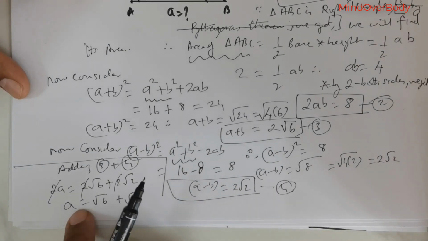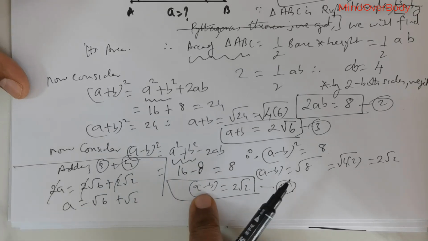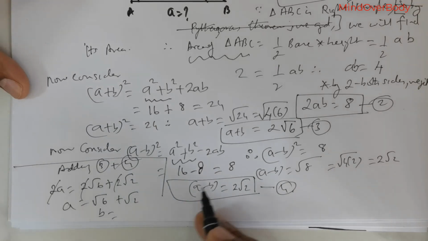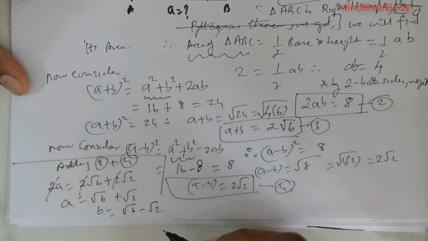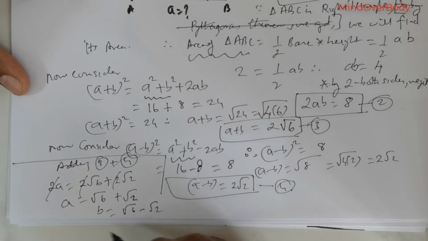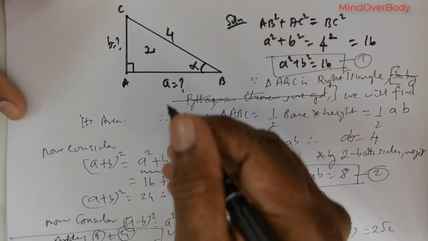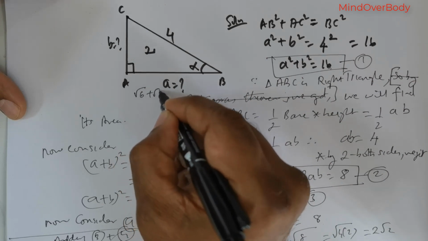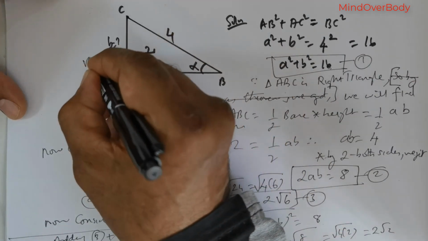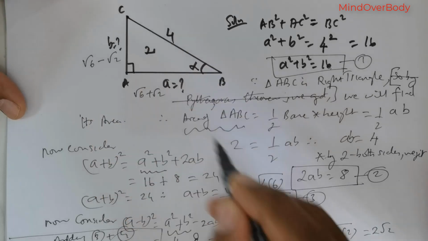You substitute the value of A here, you can get the value of B. So the value of B would be root of 6 minus root of 2. You can check that value out. So I've got A and B. So A is root of 6 plus root of 2, and B is root of 6 minus root of 2.